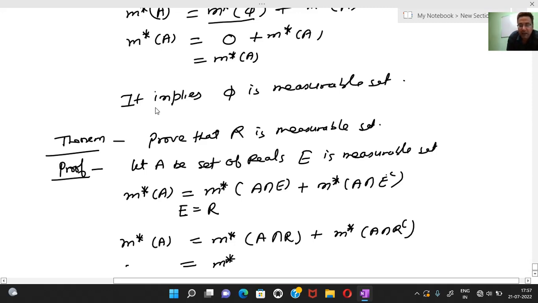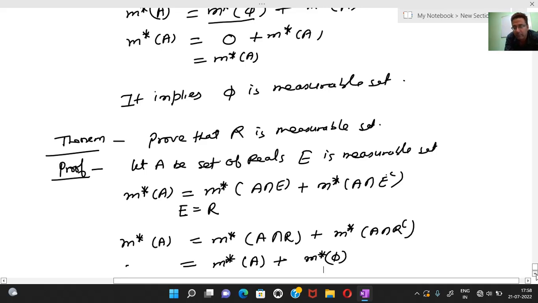A intersection R, we know, will be A. And R complement is phi. A intersection phi will be phi, and we know that outer measure of phi is 0.